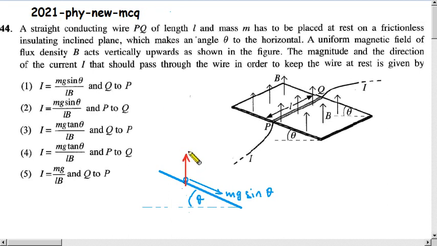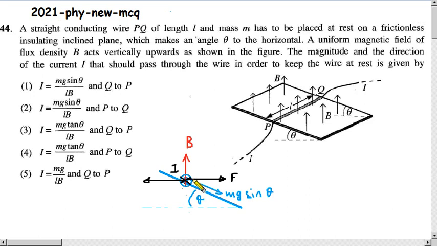If there is a magnetic field upwards, and if there is a current into the wire or out of this wire, then there will be a force perpendicular to this B, called the magnetic force, this way or this way, always perpendicular.